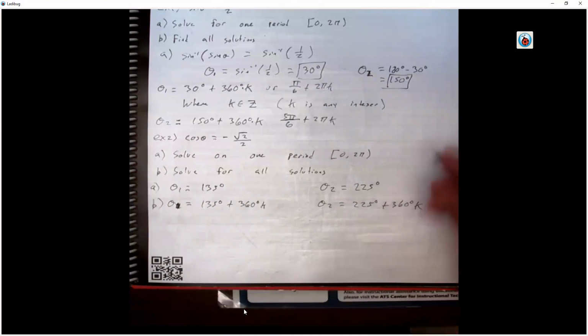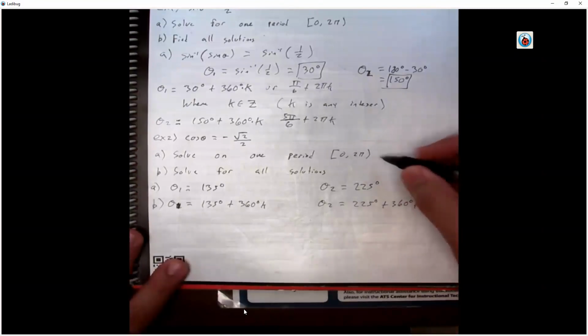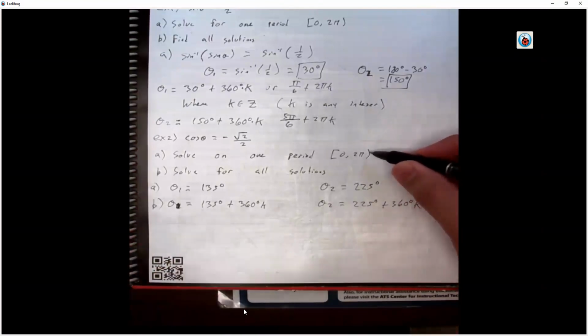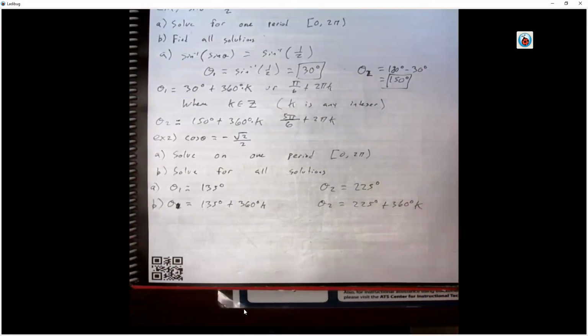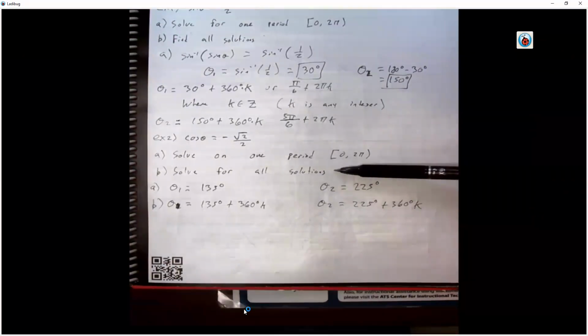Okay. So this means one period here. I have another question. The output for theta 1 and 2, where you do the 360 times K, doesn't that imply an infinite number of revolutions? Yeah, so for part B, if they don't have a restriction, that means you have infinite solutions.